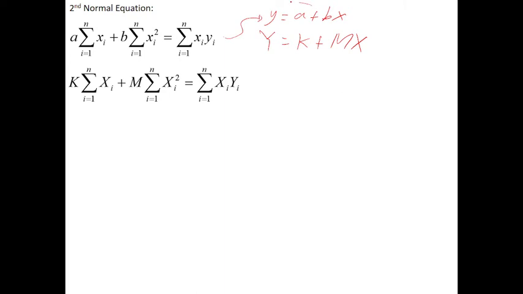So considering this equation, y equals a plus bx, this was derived, no? And y now is equal to uppercase Y. That's why we have here y sub i becomes uppercase Y sub i. a and k are equal here. So that's why a here is the same as k here.